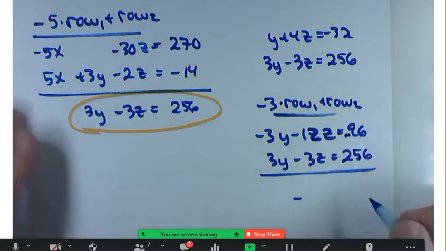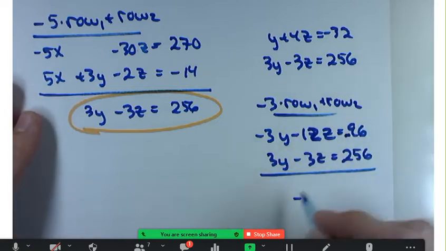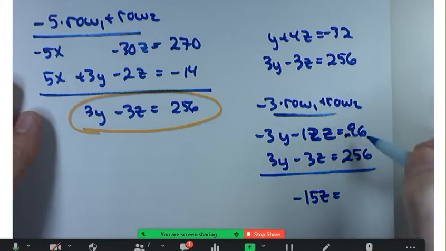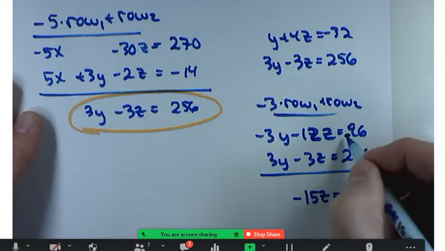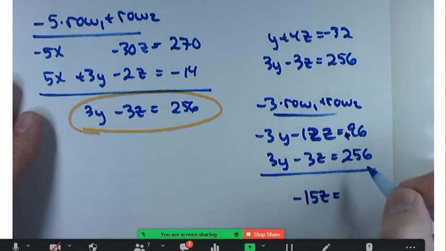Whew. All right. So that gives me negative 15z equals, that'd be what? 140? No. Yeah. You sure it should be negative? No, it is positive. Darn it. I want it to be negative.